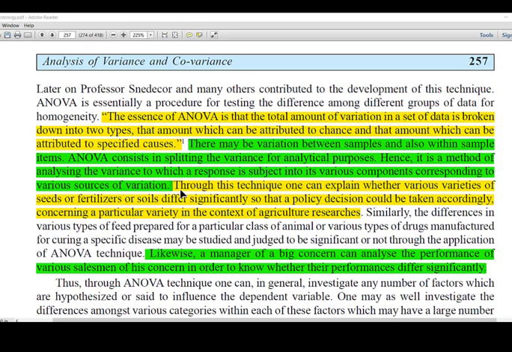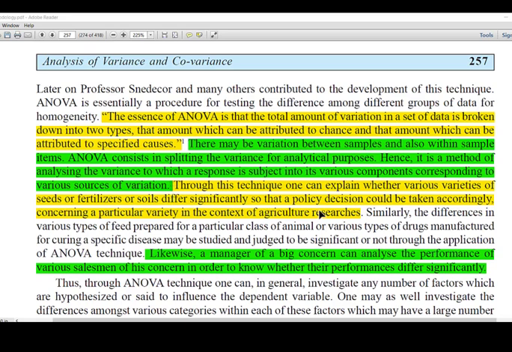That means within a sample there may be variation, and there may be variation between samples. ANOVA consists in splitting the variance for analytical purposes. Hence, it is a method of analyzing the variance to which a response is subject into its various components corresponding to various sources of variation.